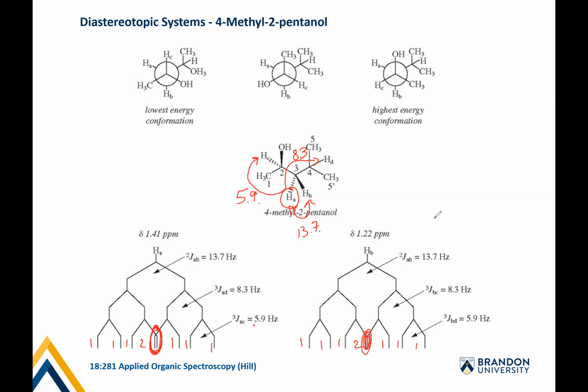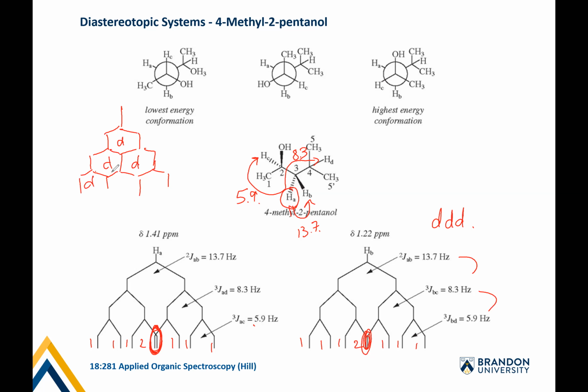So this is technically a doublet of doublet of doublets, because all of the J values are not the same. A quartet is a doublet of doublets, and then divide that again, of doublets.